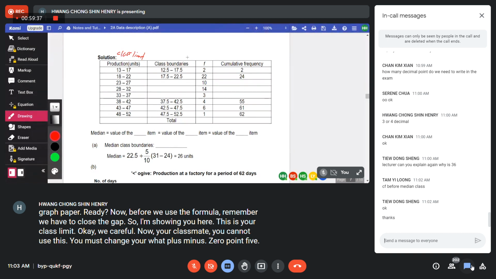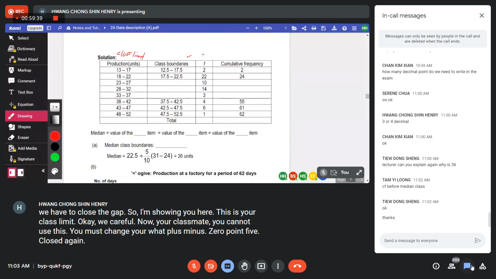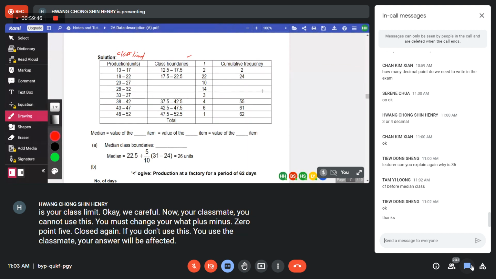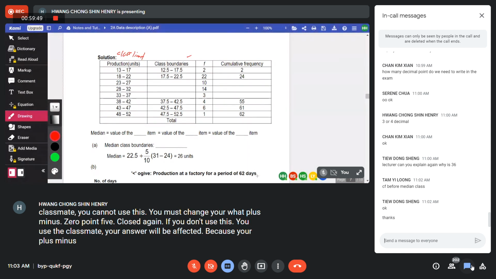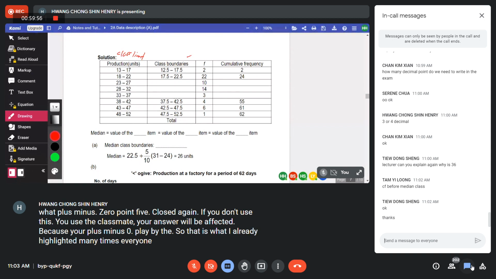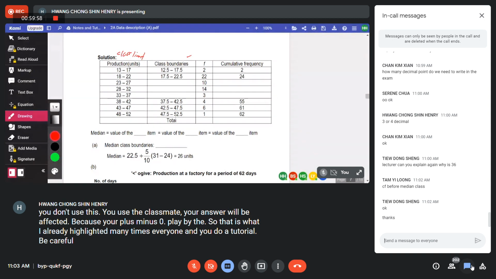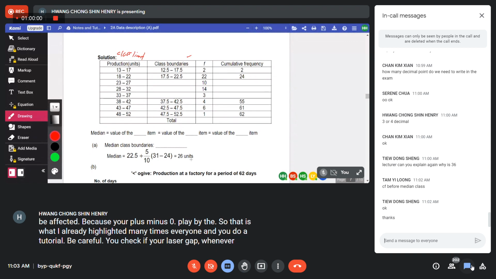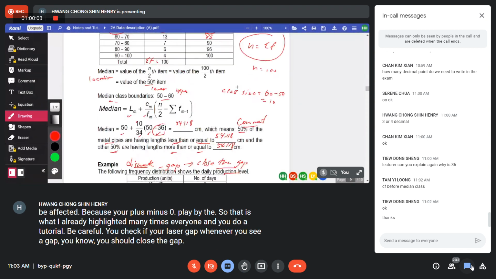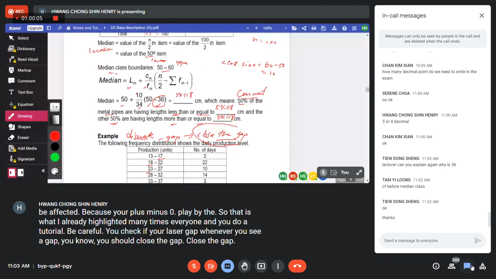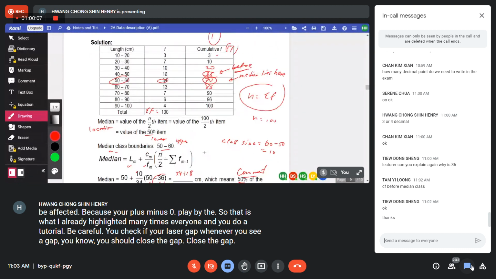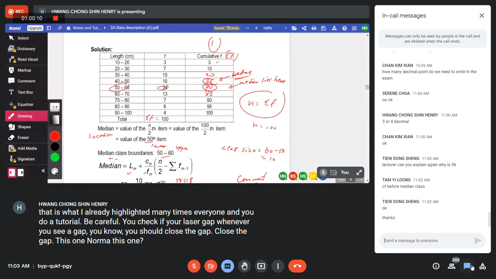Close the gap. If you use the class limit, your answer will be affected because of the plus minus 0.5. That is what I already highlighted many times, everyone. When you do a tutorial, be careful. Check if there's a gap. Whenever you see a gap, you should close the gap. This one no need, this one no gap.